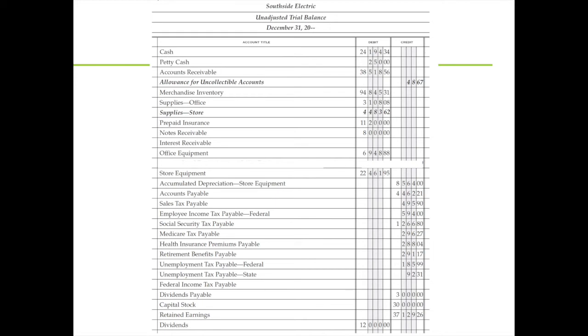The next one we're going to enter is accumulated depreciation for office equipment. If you look at page 432 of your working papers, you will see that accumulated depreciation for office equipment is $2,395.